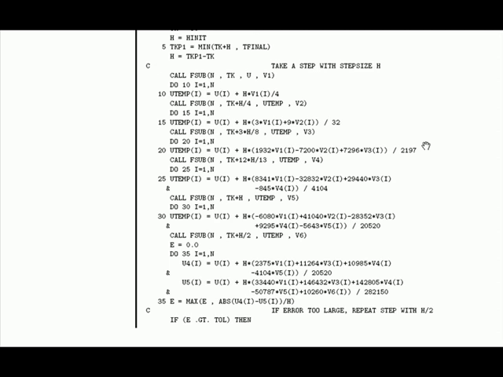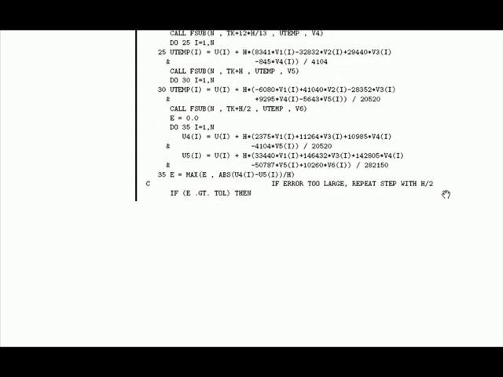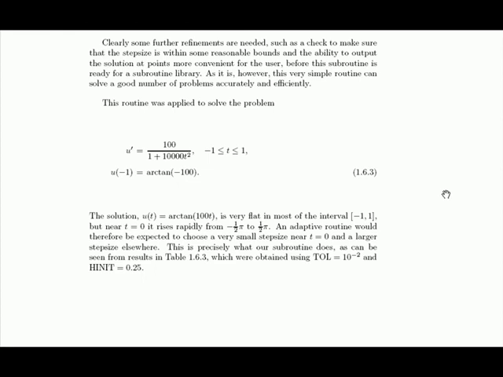If they agree well with each other, then you assume that everything's fine and go on, and maybe even increase the step size if the agreement is too good. If the agreement is not good, then you go back and retake it with a smaller step size. So the method should automatically adjust the step size to be small where it needs to be small and large where it doesn't need to be large.